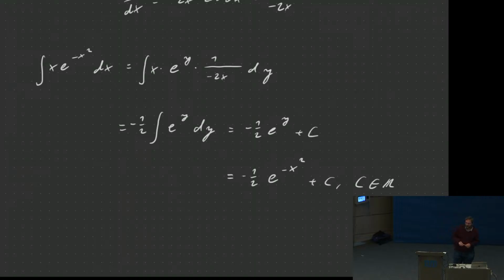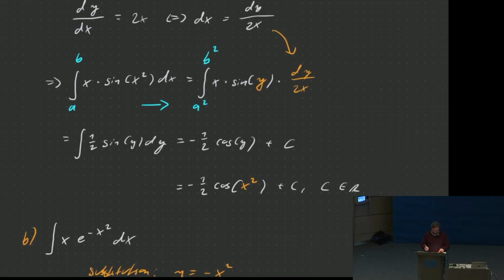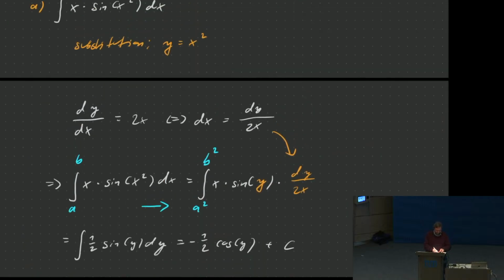So in other words, if I'm still left with an x somehow, for example, here in that example here, right, this was my substitution. So if I'm still left with an x after the substitution step, I would need to solve this here and say, well, if y is x squared, then x is, well, maybe the root of y, depending on the sign of y.